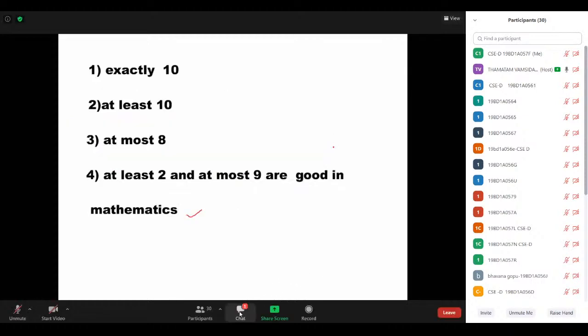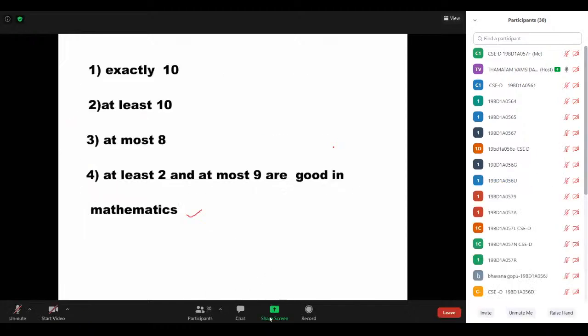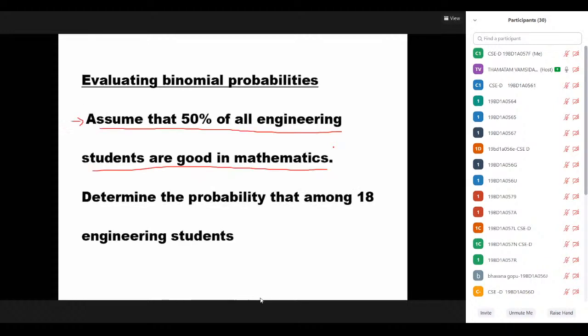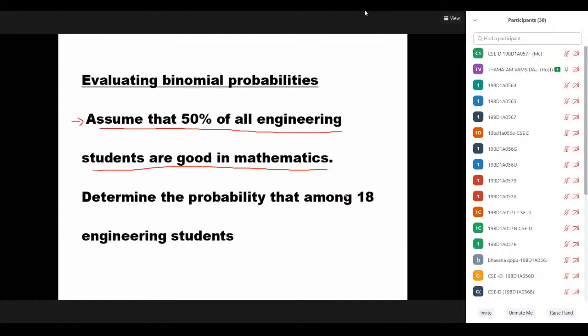I think all of you understood that question. Once again, all of you read that question, because today is also a practice session.